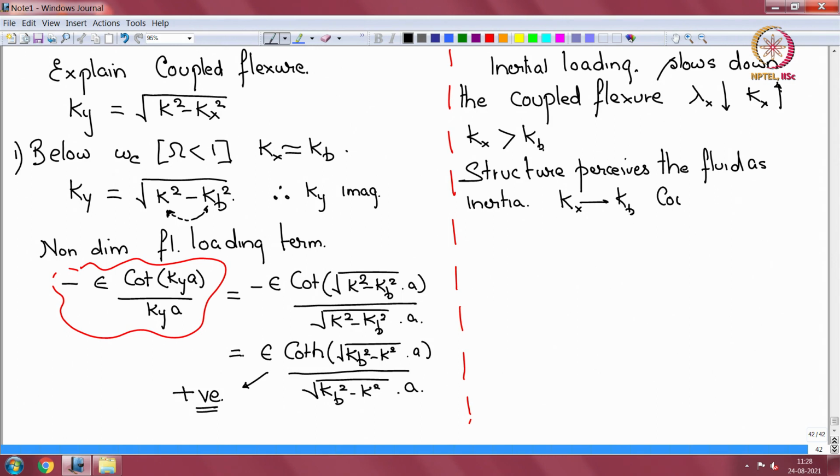Okay, that's the nomenclature, coupled flexure. There is the influence of both structure and fluid, but because kx is close to kb, we'll call it coupled flexure. Now, what about beyond coincidence? Okay, beyond coincidence.